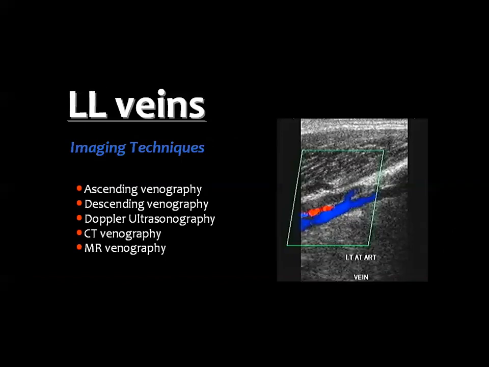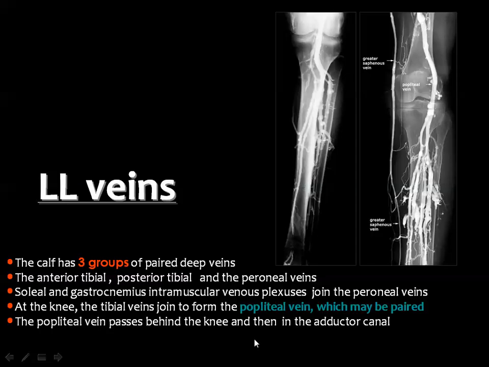Then we came finally to the imaging of the lower limb veins. We have the ascending venogram, the descending venogram, Doppler ultrasound, CT venography, and MR venography. This is the old technique we use to show the lower limb veins by ascending venogram.